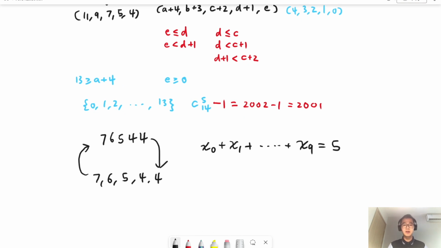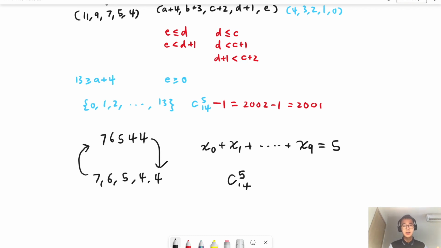Basically, it builds a one-to-one correspondence between a permutation of 5 stars and 9 bars with the solutions of this equation. So basically, the number of solutions to this equation just equals the number of permutations of 5 stars and 9 bars. And that's C, 5 out of 14.